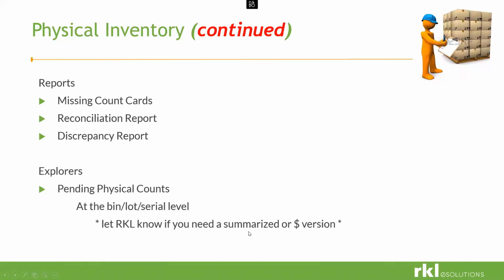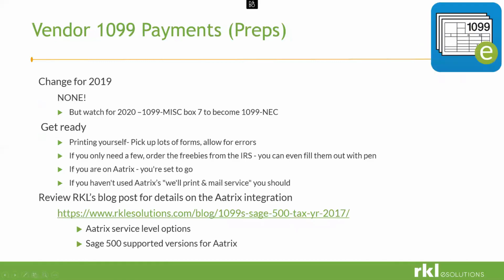If you need one of those, maybe summarized by dollar amount, reach out to us and we will let you know if we already have something built that we can get over to you, probably for a small fee. So let's go ahead and move on. I'm going to pass this over to Becky, and she's going to talk to you about 1099.